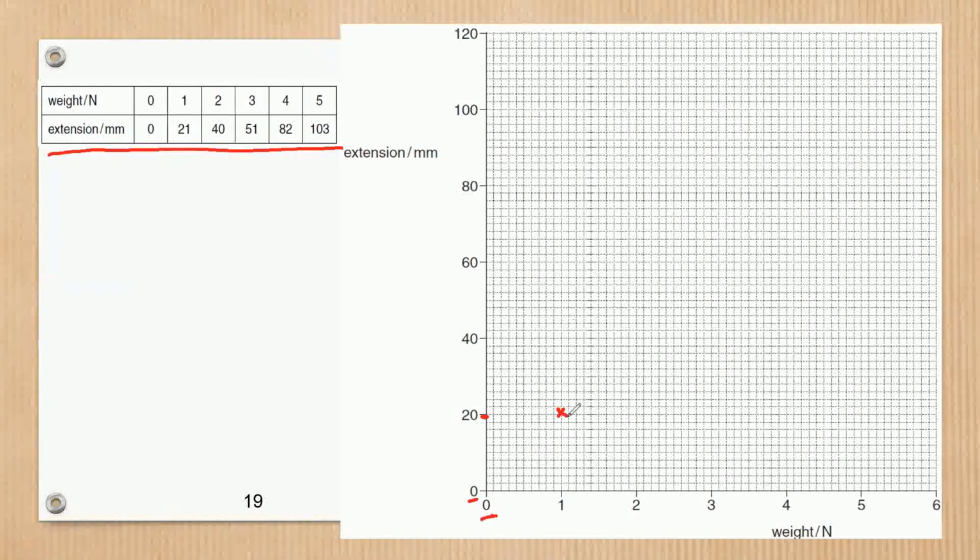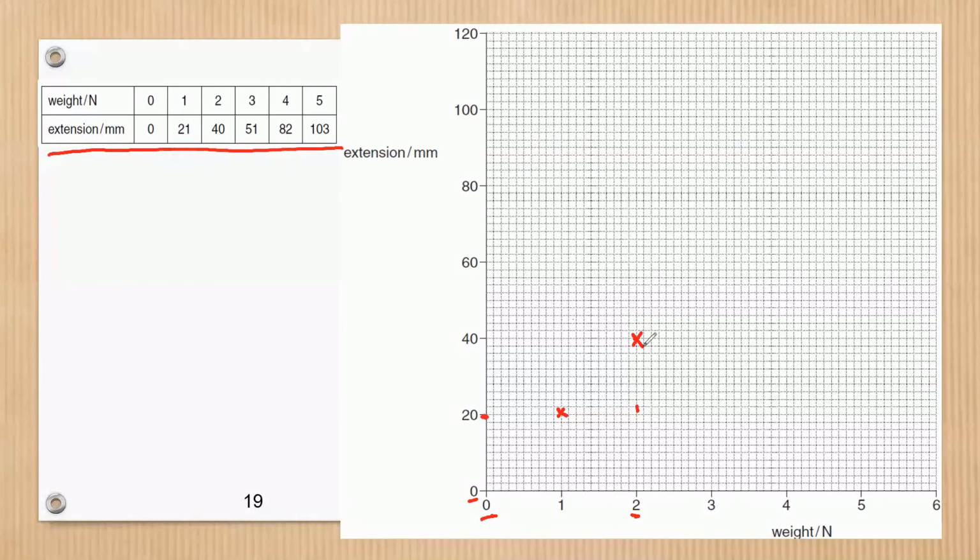At 2 newtons, the extension is 40 millimeters. At 2 newtons, the extension will be 40 millimeters.